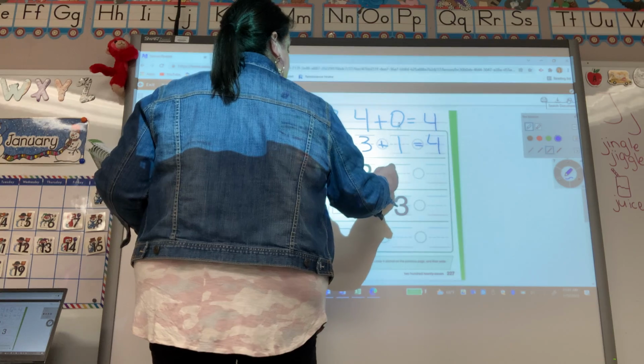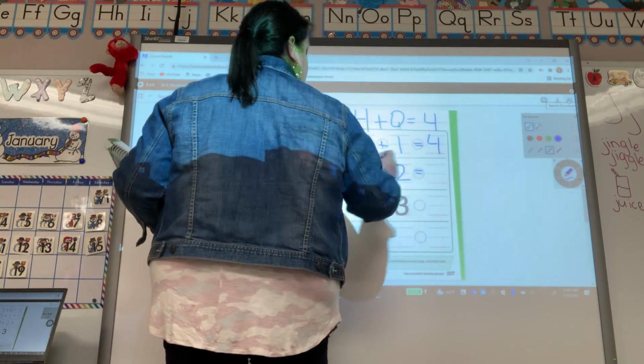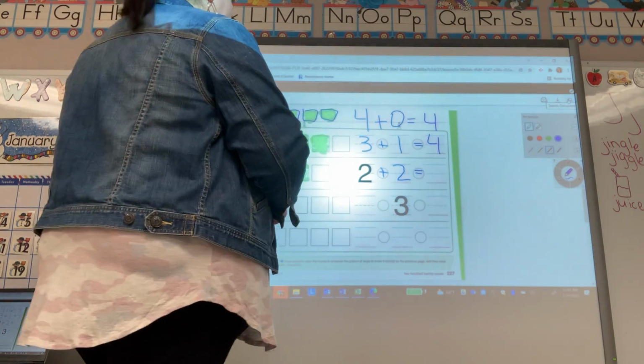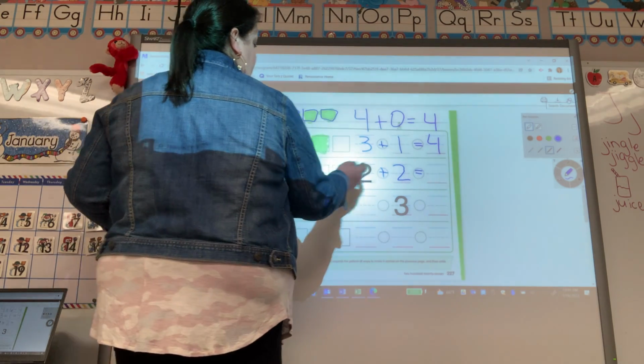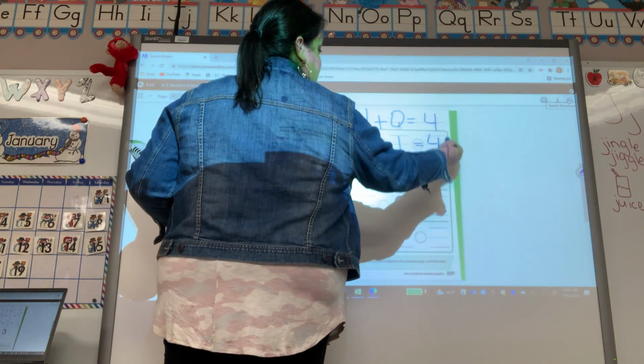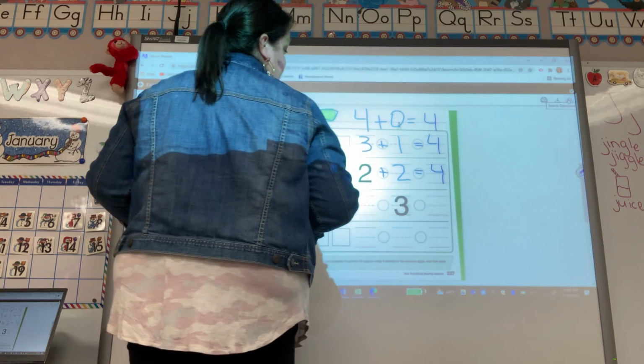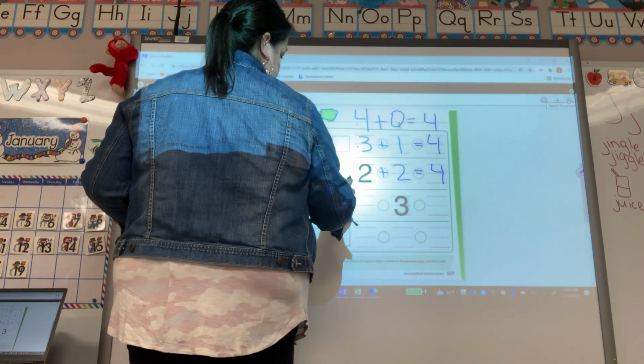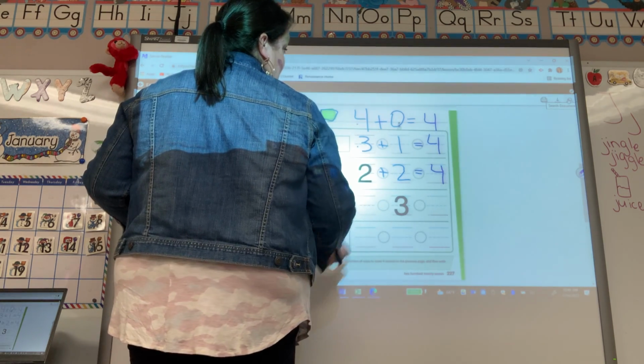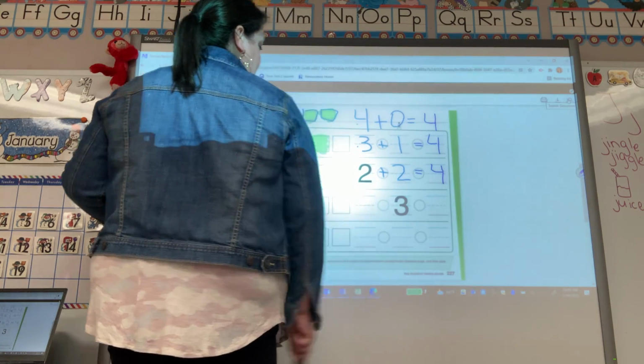So 2 plus our 2 white ones equals what? How many do we still have? 1, 2, 3, 4. We still have 4. Do you see how our sums are staying the same? But these numbers are getting smaller. And then these are getting bigger, okay?